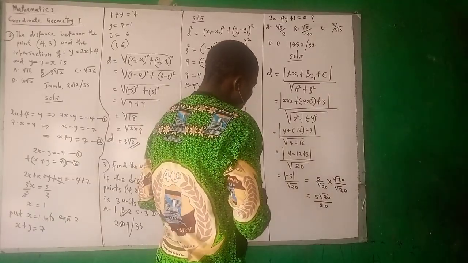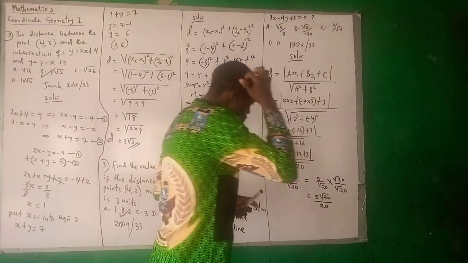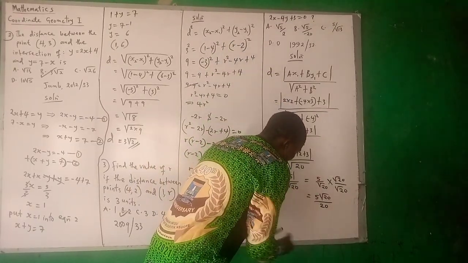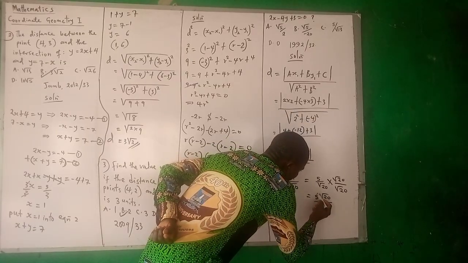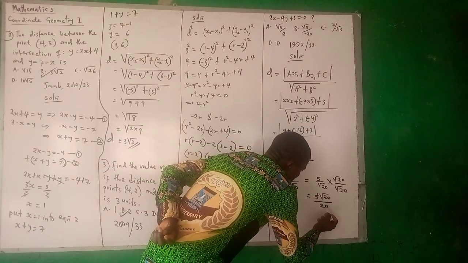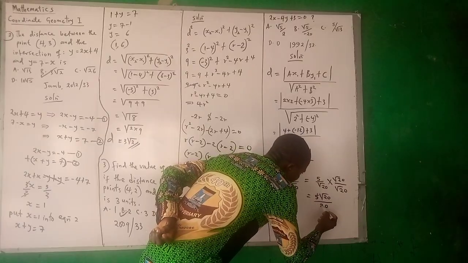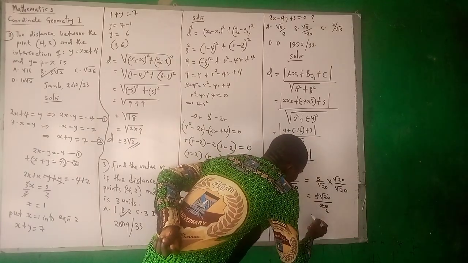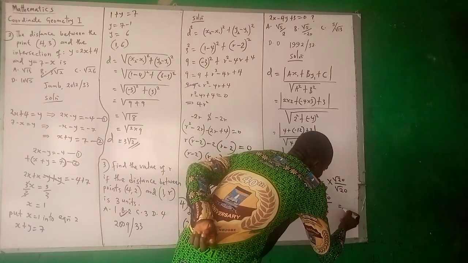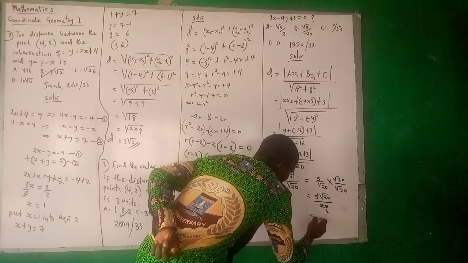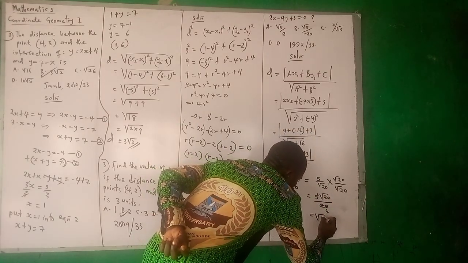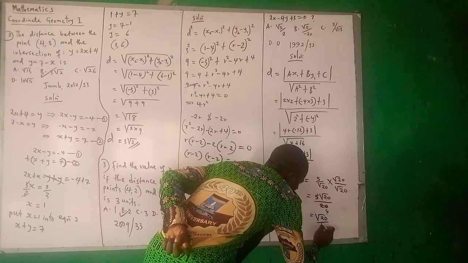And from here, you can continue by simplifying: 5 over 20 reduces to 1 over 4. Now I have root 20 over 4.